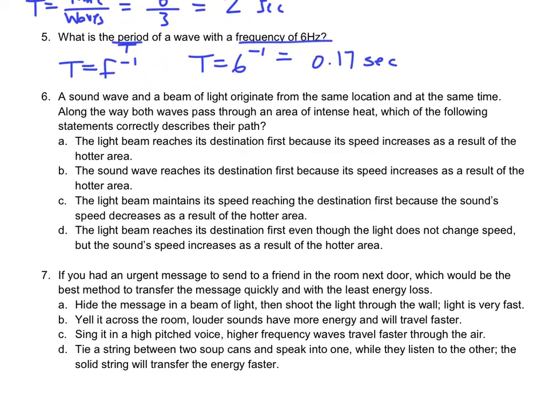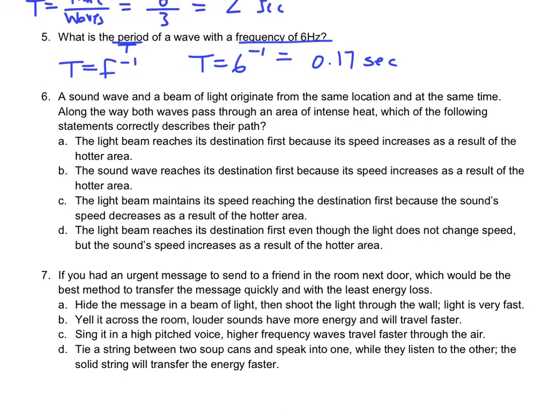Number 6, a sound wave and a beam of light originate from the same location and at the same time. Along the way, both waves pass through an area of intense heat. Which of the following statements correctly describe their path? So electromagnetic waves like light is not affected by heat, temperature. Okay? So any of these answers that talks about how light is increasing or decreasing due to temperature, we can cross those out.